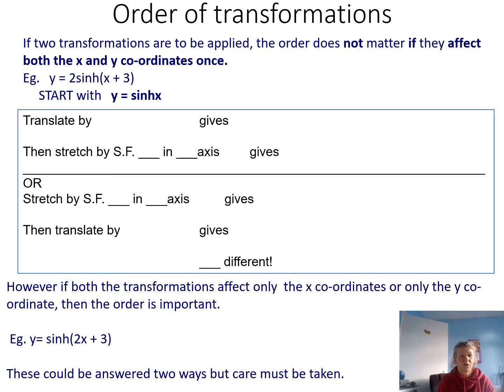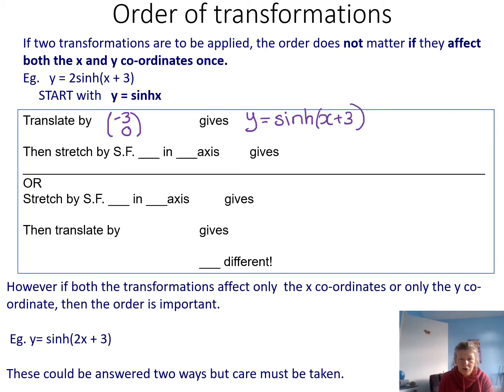If we've got the stretch in y, we've got to translate in x. You can see that hopefully from that. It doesn't really matter about the order. I'll show you that by doing it both ways round. Start with y equals sinh x. If we translated by minus 3, 0, that would give me y equals sinh x plus 3.